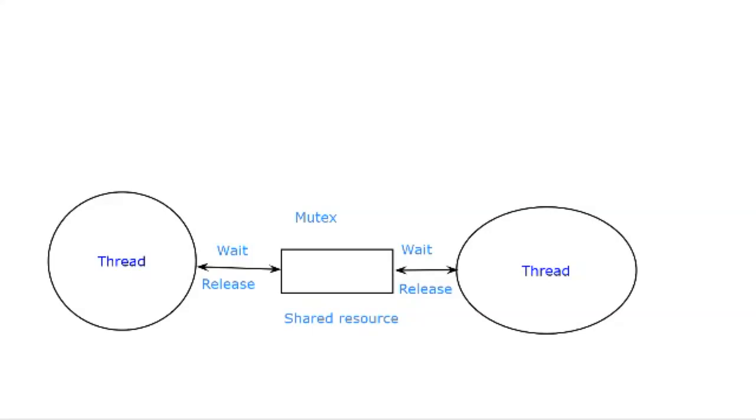Once the mutex or mutual exclusion lock is released, look here it is written release, then the mutex variable is free and can be used by others. That means at one time only one process can enter the critical section.